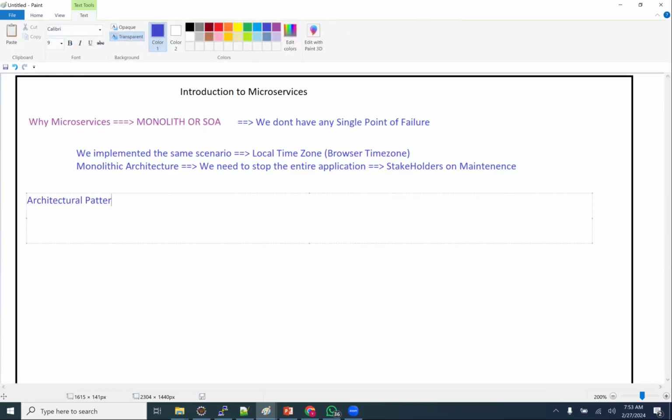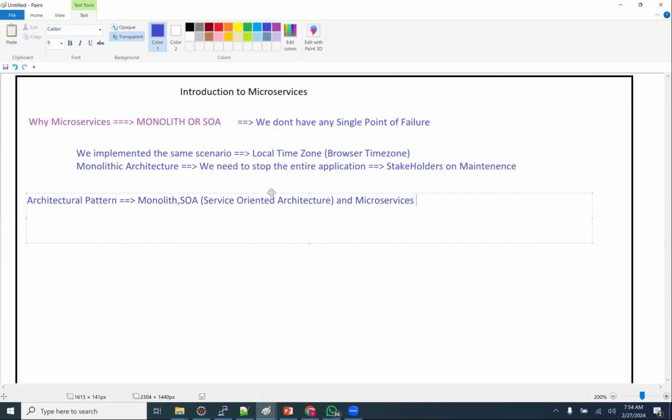Monolith, SOA, that is service oriented architecture, and microservices are the architectural patterns. What is an architectural pattern? Any idea?